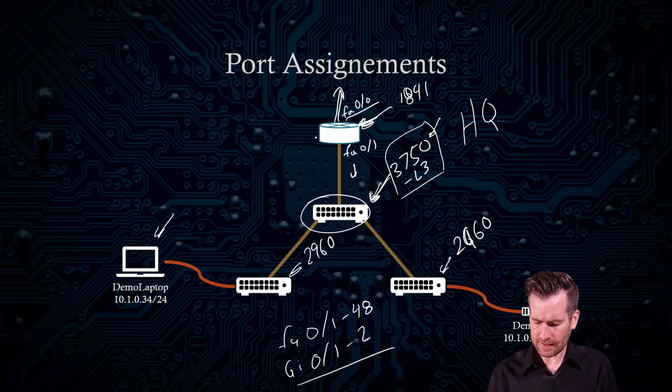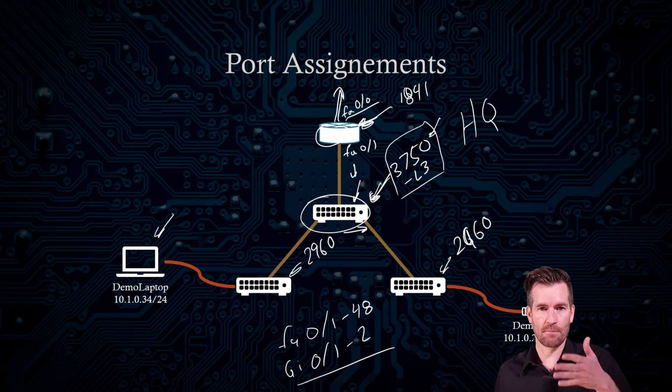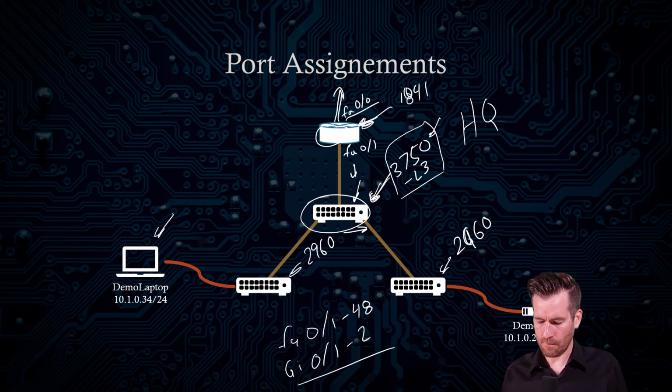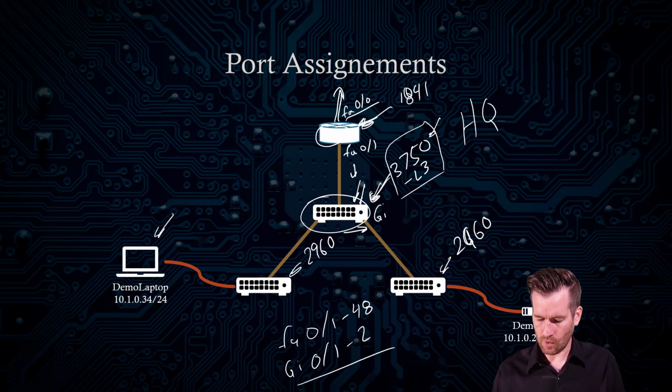Now, I've got to plug this router into the switch, and so I have to choose a port to do that. Towards the right side of this device, which is the higher numbered ports, is where my uplink ports are. My uplinks are my Gigabit Ethernet ports. So my Gigabit Ethernet ports come right at the very end of the switch.